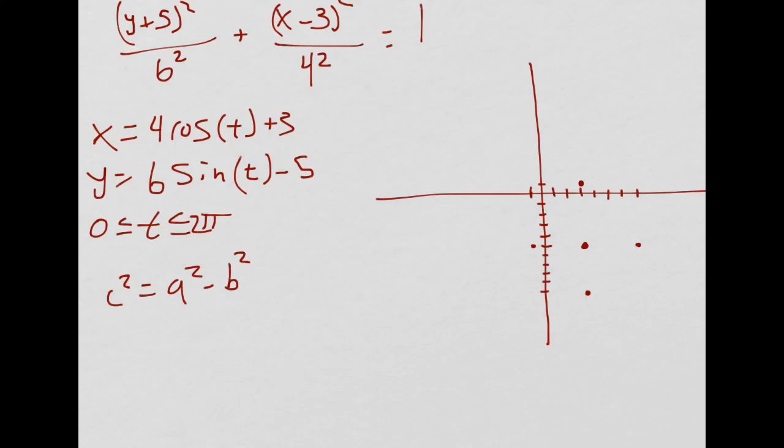So c squared equals a squared, which is 36, minus b squared, which is 16. So c squared is going to be 36 minus 16, which is 20. So c is going to be the square root of 20, which is 2 times the square root of 5 when you simplify it.